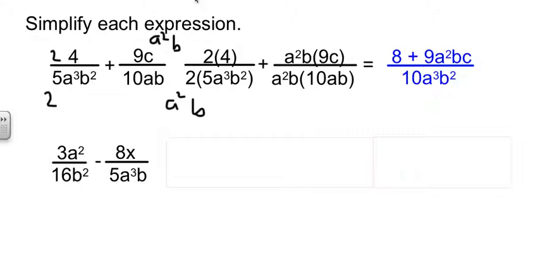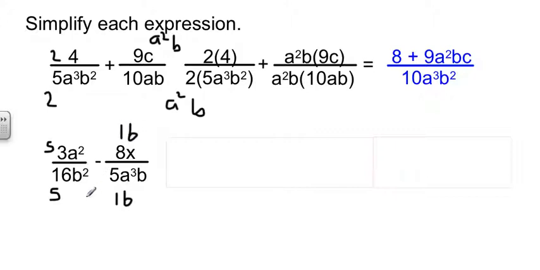All right, let's try this one. We have a subtraction going on. 16 is 4 times 4, so that's 2 times 2 times 2 times 2. There's not a 5 in that, so I'm going to need to give this one a 5. There's no 16 over here, so I'm going to need to give this one a 16.